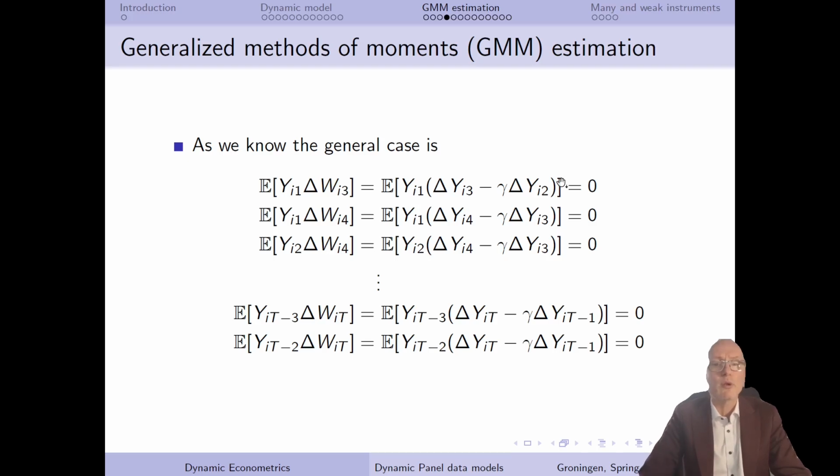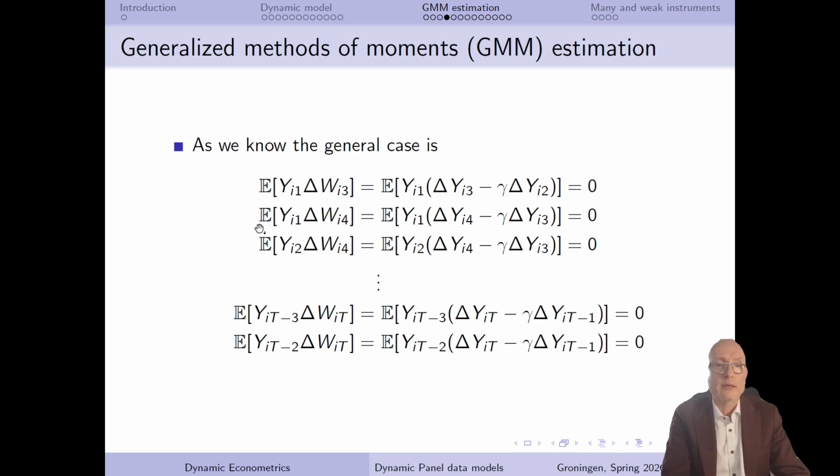But that's not the only one, of course, because we can also now focus on w_i4 and take into account that delta w_i4 actually has 2 moment restrictions. First of all, we can go 2 lags backwards, then we get y_i2, but we can even go 3 lags backwards, and then we get y_i1.